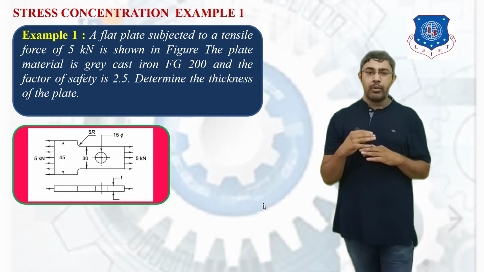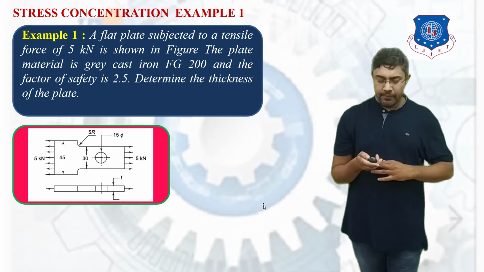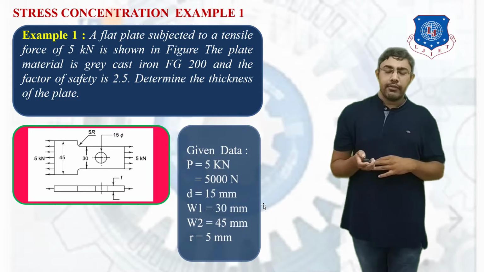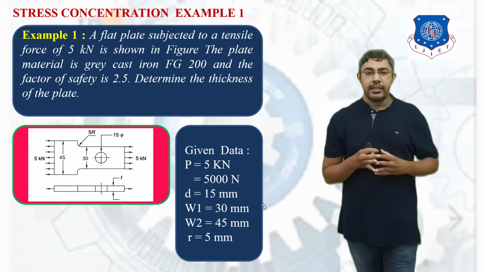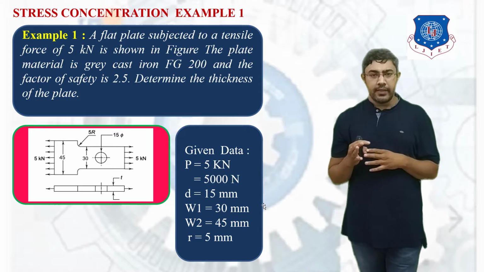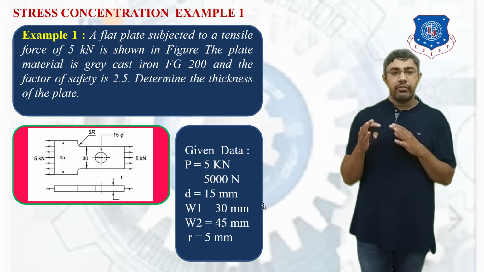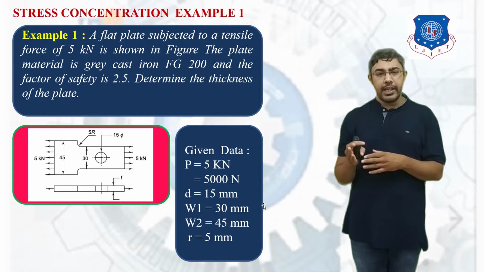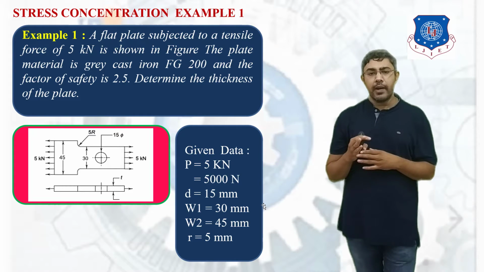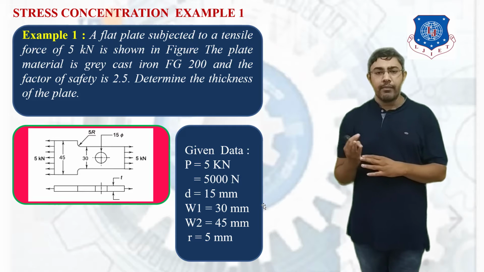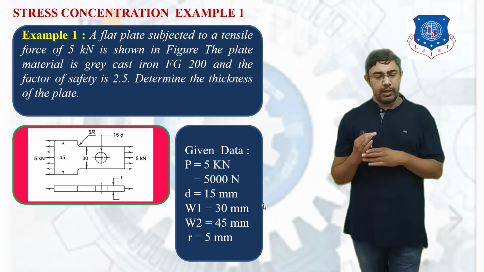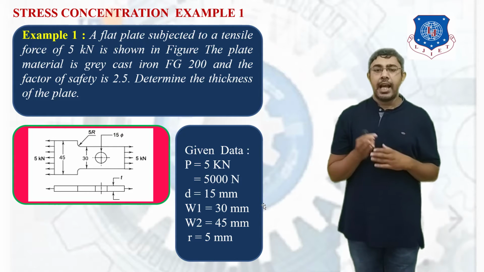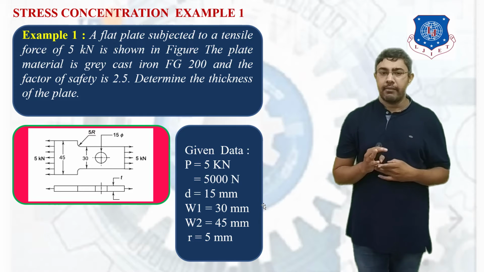We have to calculate the thickness of the plate. First, we collect the data: P is 5 kN, that is 5000 N, the hole diameter small d is 15 mm, W1 is 30 mm, W2 is 45 mm, and R is 5 mm.